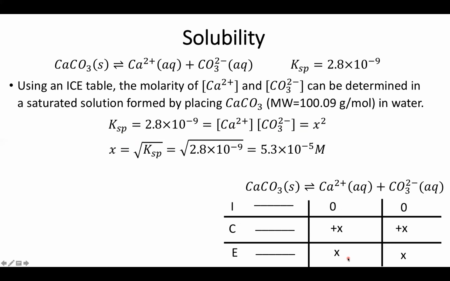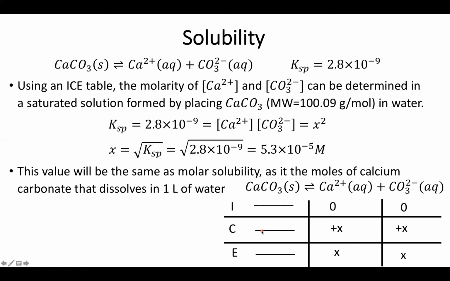Now what we can do is make use of the fact that since I'm looking for molar solubility, this would be the number of moles of calcium carbonate that would dissolve in 1 liter. Well, it turns out, because of how the stoichiometry works, if I was going to consume calcium carbonate, I would have a minus x here.